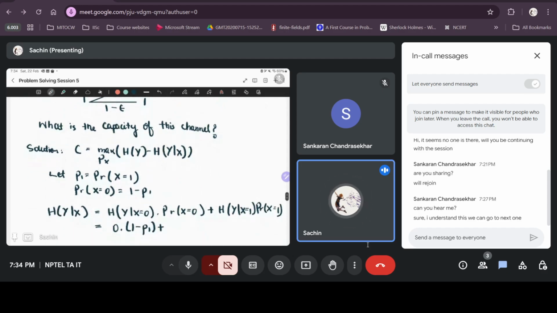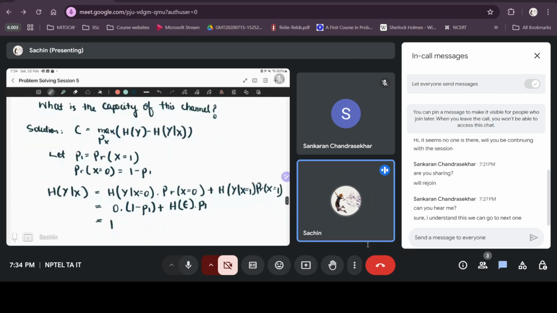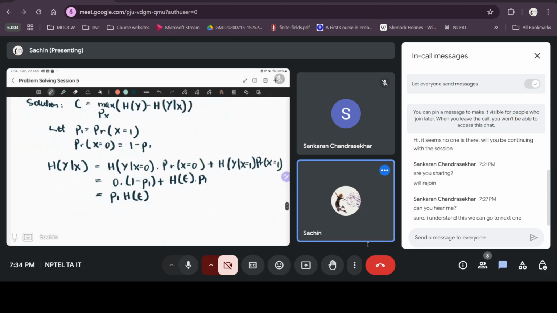So H of Y given X equals 1 is the binary entropy of epsilon, and the probability that X equals 1 is P1. H of Y given X is therefore P1 times H of epsilon. To make it binary, I'll write it as H2 of epsilon.